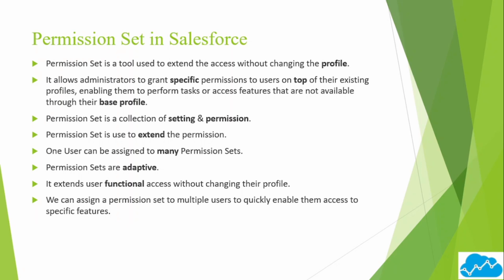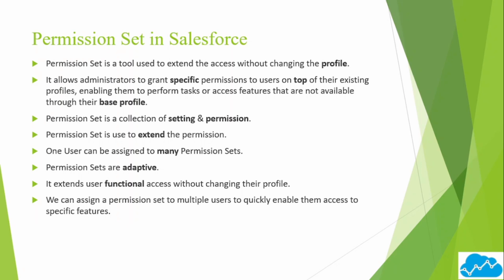It allows the administrator to grant specific permissions to users on top of their existing profiles. So on the profile they are getting some access. If they want an additional set of access, in that case we are going to create a permission set and assign it to that particular user.